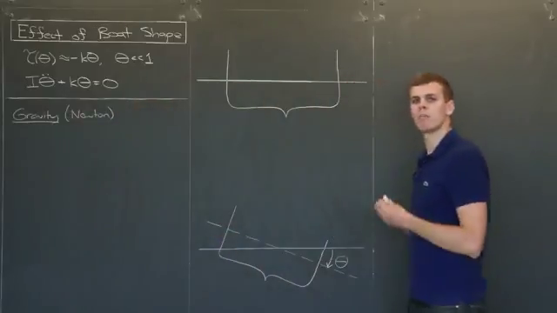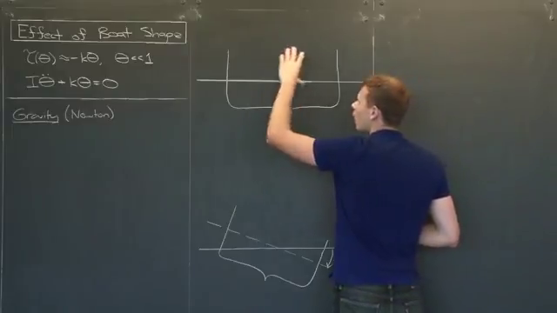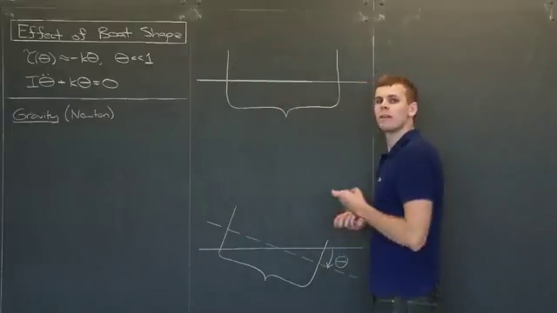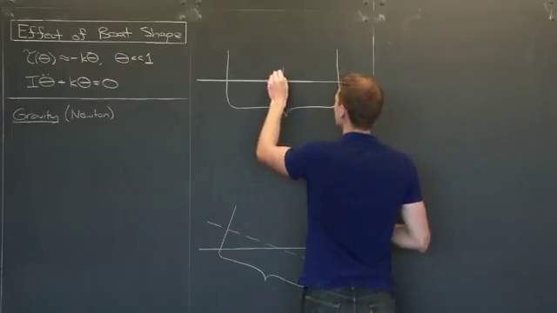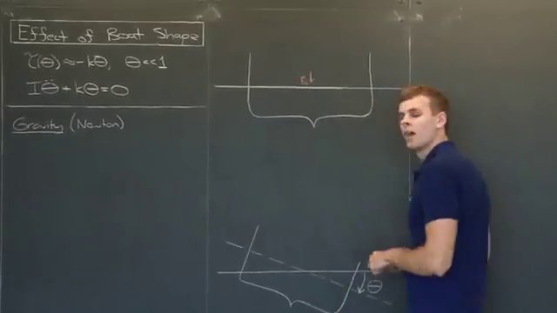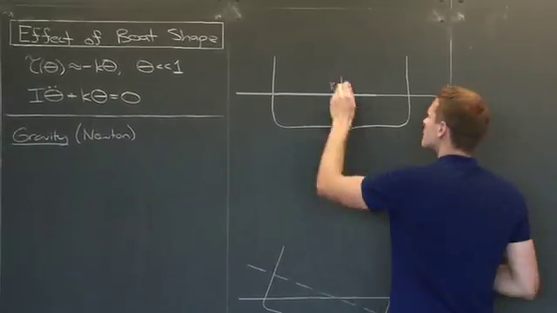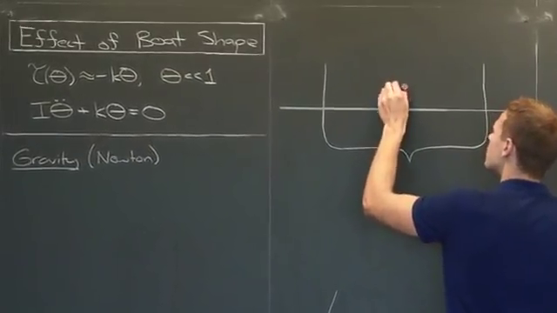However, remember the remarkable fact you learned, that even though the force of gravity acts on all of the mass within the boat, we can treat the force of gravity as a single force which points down, which I'll label by F sub g, that acts through a single point called the center of gravity, which I'll label by C sub g.